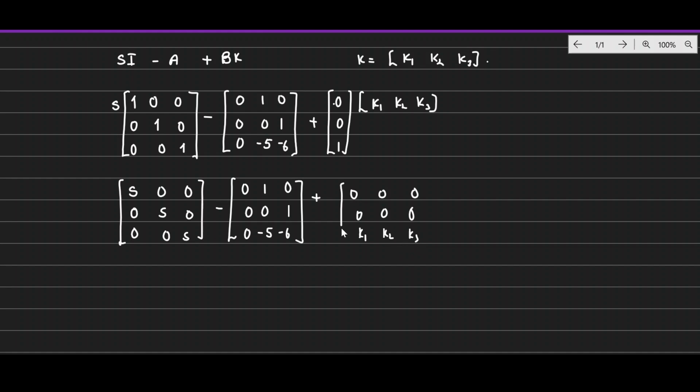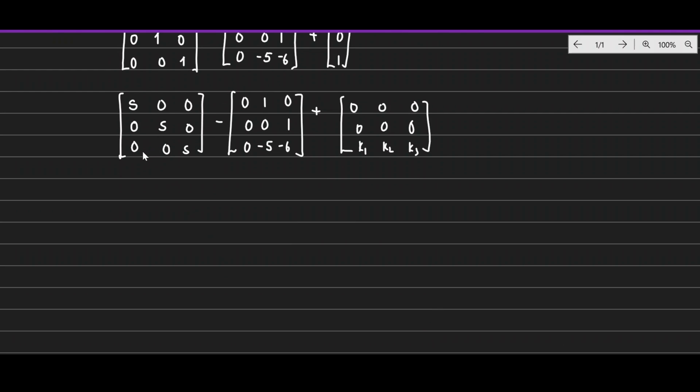So we have a 3 by 3 matrix, isn't it? Why do we have a 3 by 3 matrix? Because this is a 3 by 1, and this is a 1 by 3, isn't it? So this number, rows, and the columns there, give you the order of the resultant matrix.